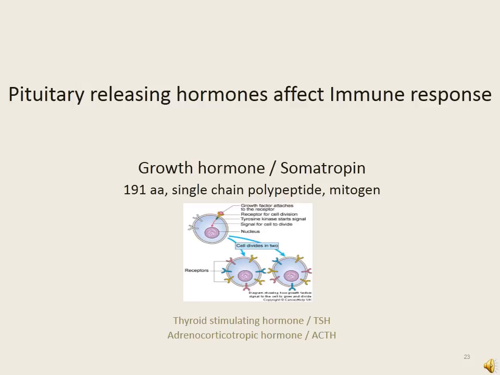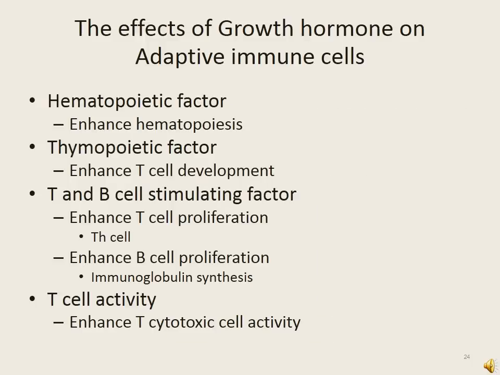Okay, for the other hormones from the pituitary gland, I will not discuss. This slide shows what the effects of growth hormone on adaptive immune cells are. First of all, growth hormone acts as a hematopoietic factor. You know, a poietic factor is a factor that can enhance hematopoiesis. As well as it is a thymopoietic factor that is specific for T cell development.